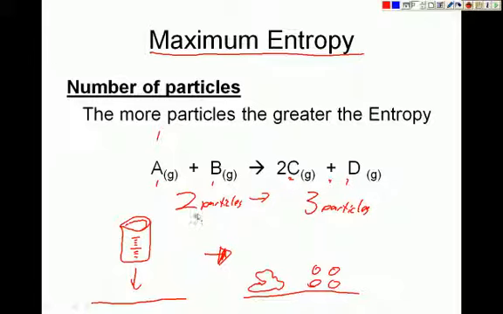So again, 2 particles breaking into 3 particles. This is going to favor the products, and a higher number of particles means a higher amount of randomness. So this is high entropy.